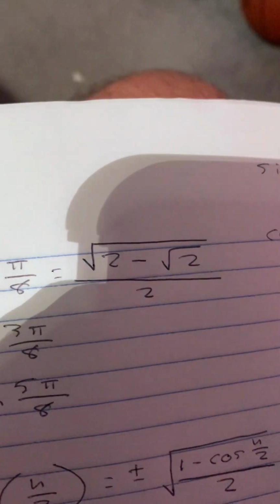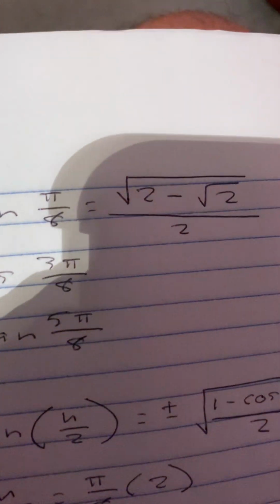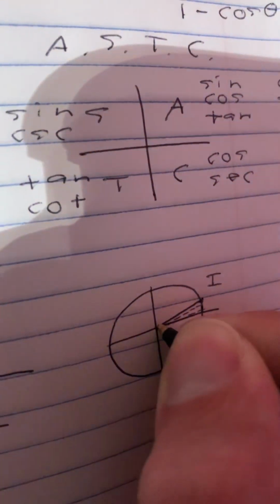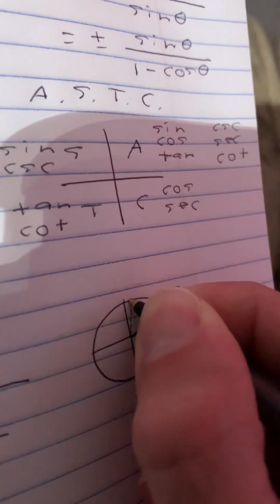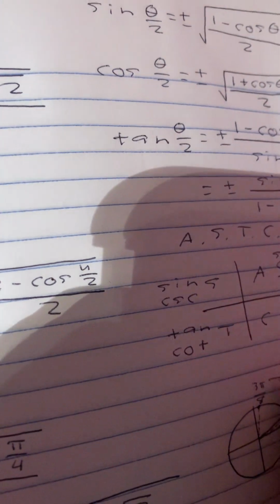And now the cosine of 3 pi over 8. So 3 pi over 8, that's slightly less than pi over 2. And pi over 2 would be right on the y-axis. So it would be about right here. Right? And this gives you about 3 pi over 8. And this is also quadrant 1.